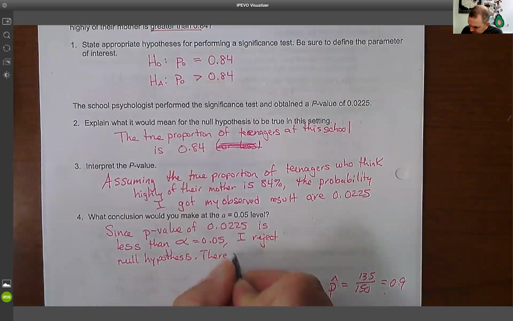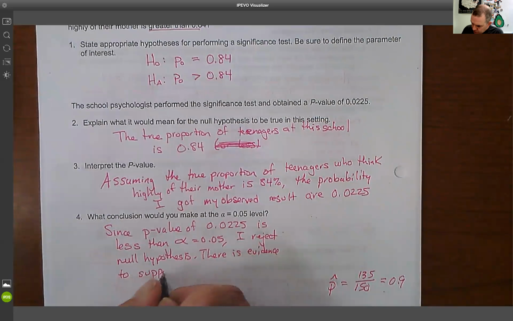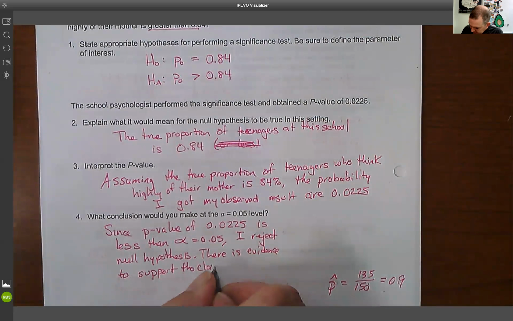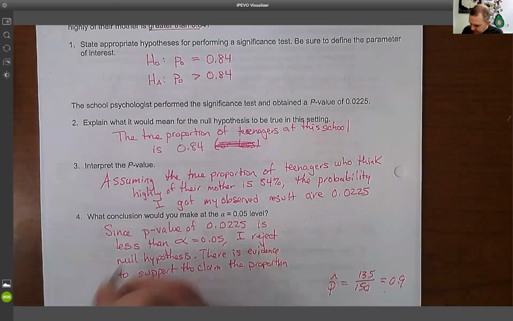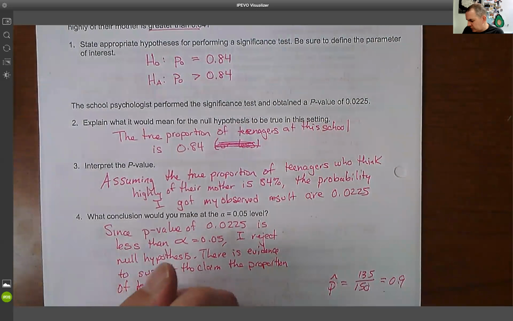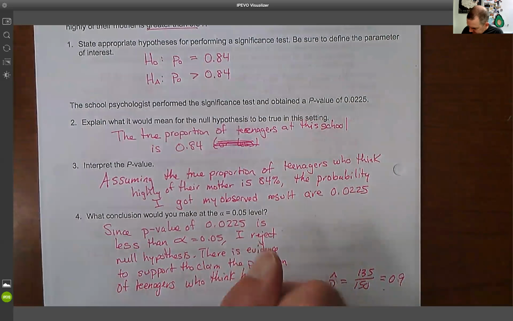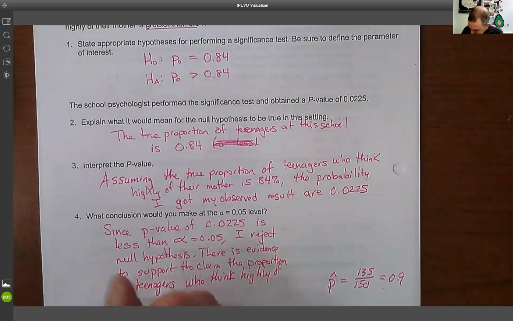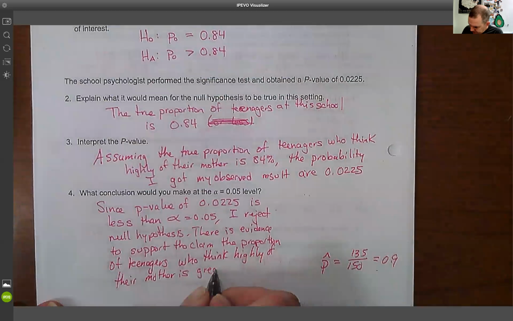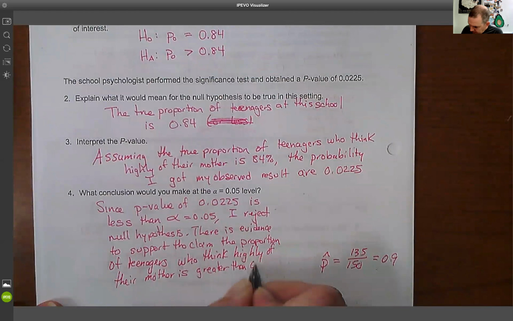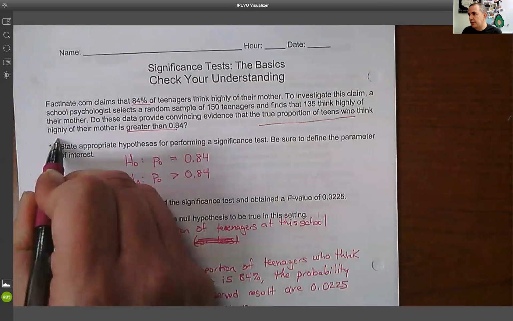There is evidence to support the claim that the proportion of teenagers who think highly of their mother is greater than 84%. And really, I just pulled that from right here: the proportion of teens who think highly of their mother is greater than 84.